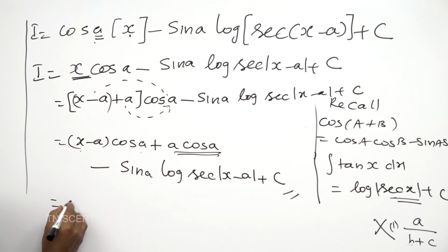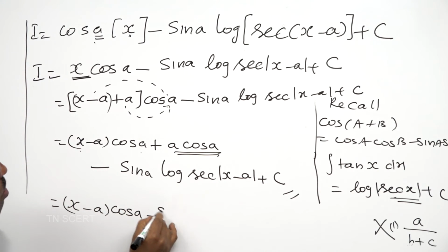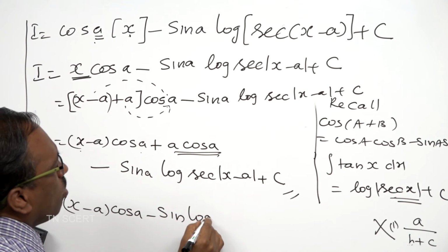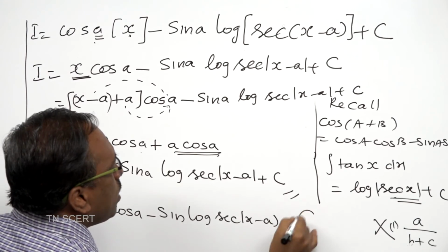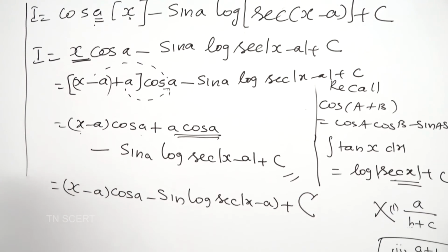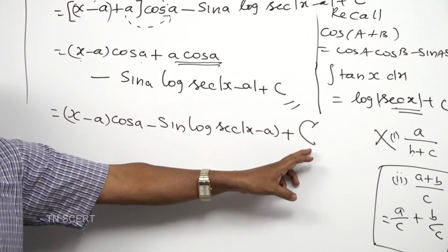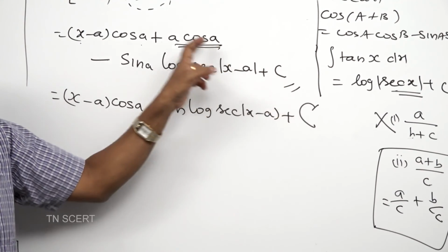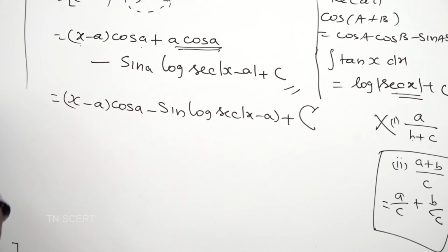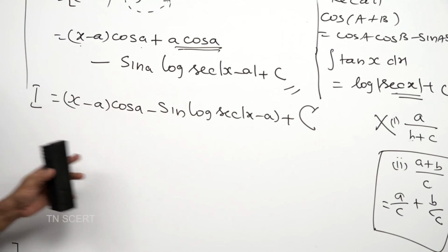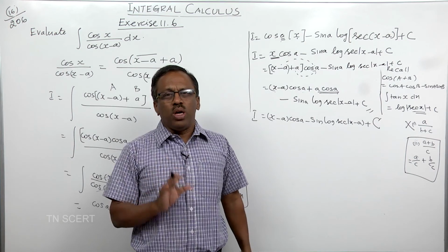So, we can write (x minus a) cos a minus sin a log of secant of (x minus a) plus capital C. This is why I put this capital C. This capital C involves c and a cos a, that makes the sum exactly as given in the book. We have got the answer like this. So, this is the way we can complete the sum.